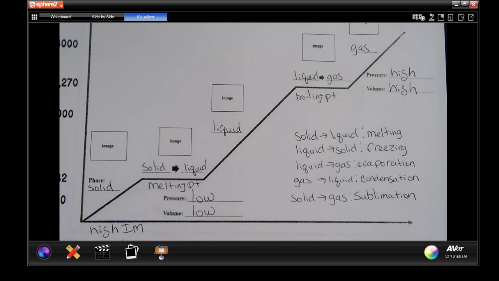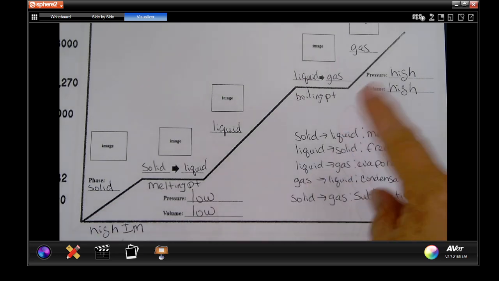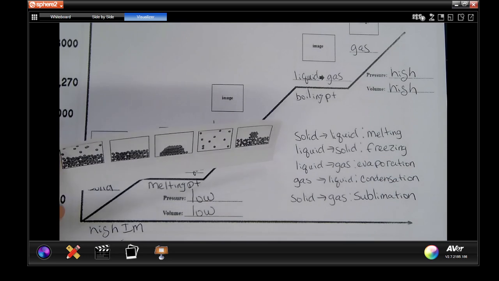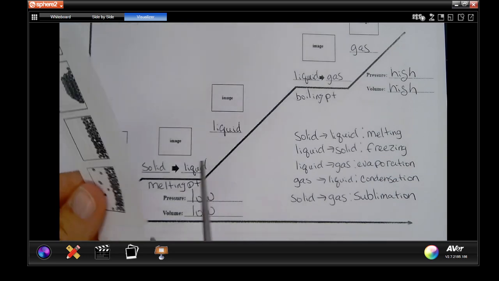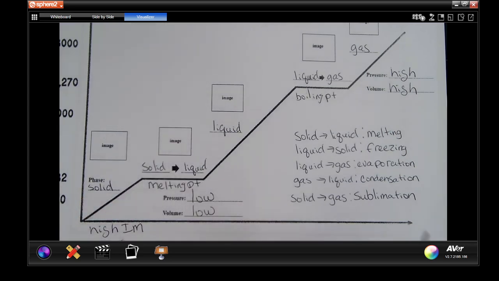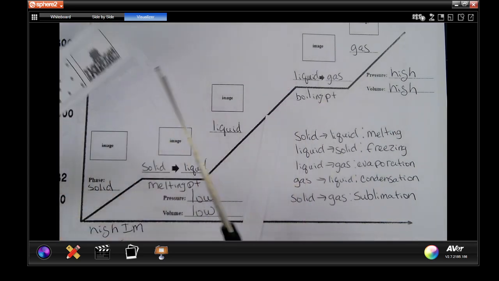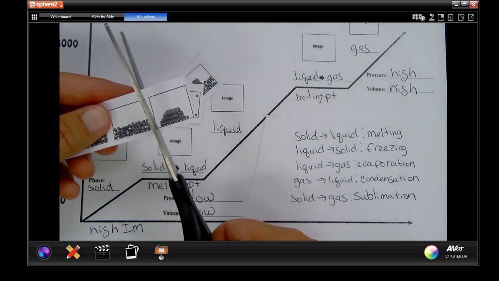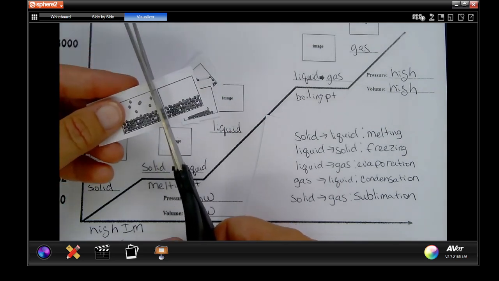All right, now we get to do our pictures. We're going to do a picture representation of what each little piece looks like. So you have your little pictures here. I want you guys to cut out, not perfectly, okay? You just have to trim these up, make them into separate squares. Notice I'm not even going to, because we're going to glue those on. Check your glue sticks, make sure they're still good.